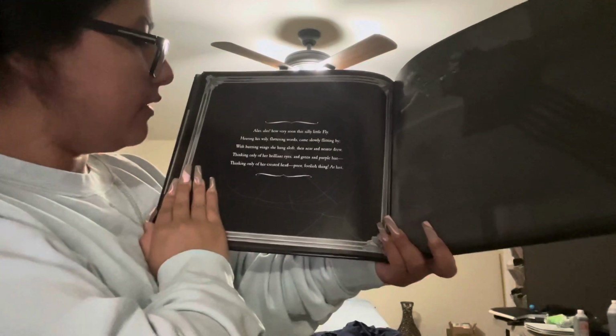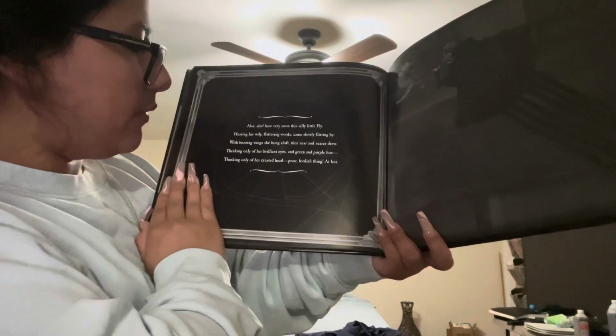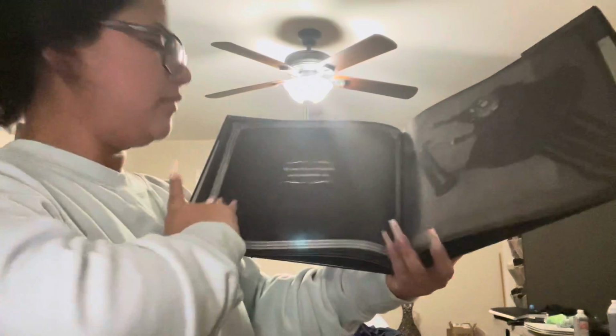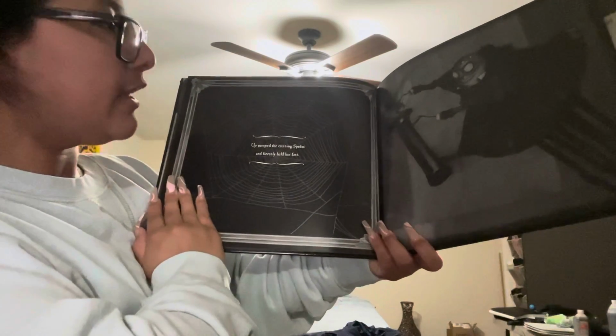Alas, alas, how very soon the silly little fly, hearing his witty, flattering words, came slowly flitting by. With buzzing wings she hung aloft, then nearer and nearer drew, thinking only of her brilliant eyes and green, purple, and hue, thinking only of her crested head, poor foolish thing at last. Up jumped the cunning spider and fiercely held her fast.